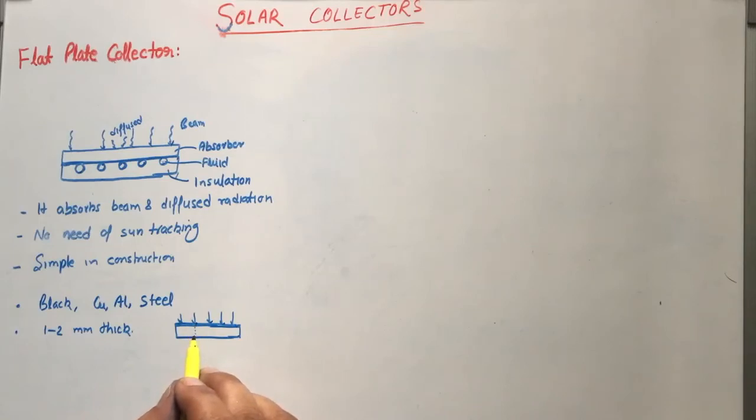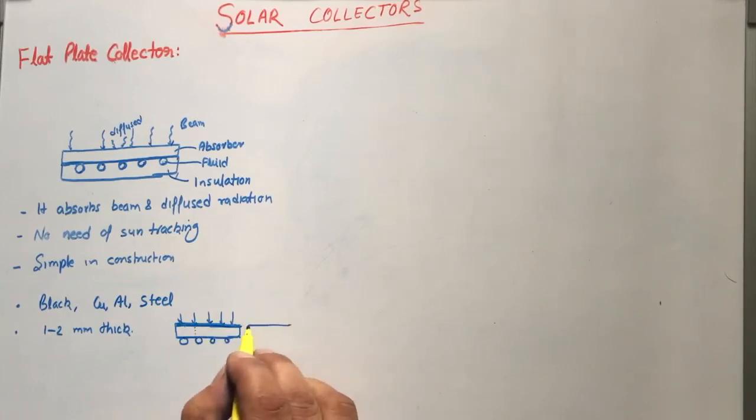And second thing, there will be a temperature drop from here to here, and it will transfer to the fluid, then the temperature difference from here to here will be very large. So that is not recommended. The thickness should be as minimum as it can be.